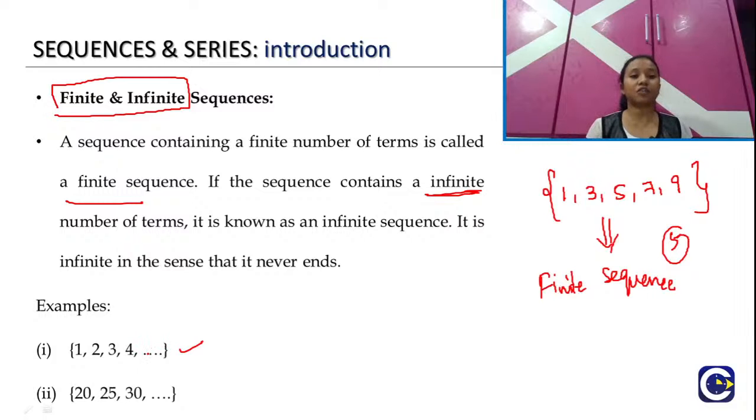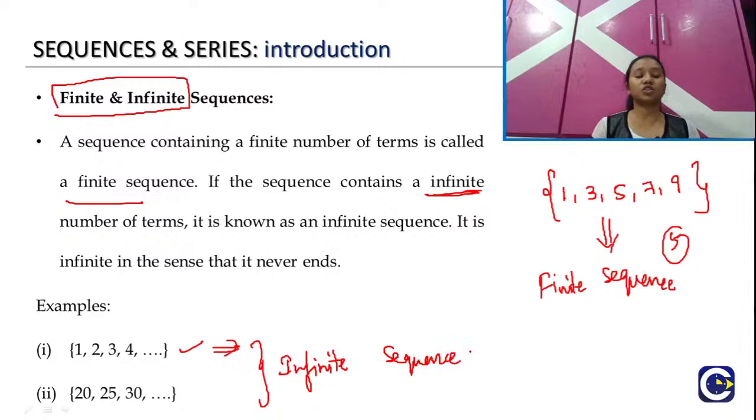So an infinite number of terms are there, so this sequence is called an infinite sequence. In the same manner, you can see the next example also, having the terms 20, 25, 30 and so on. Again it indicates an infinite number of terms. Right. Which means these two examples come under infinite sequences.